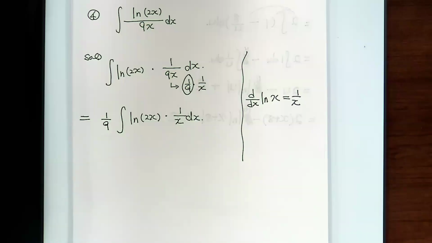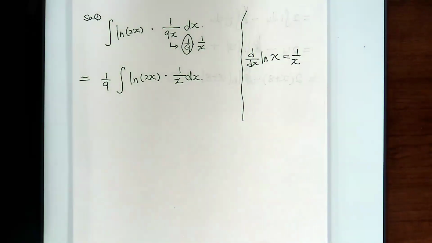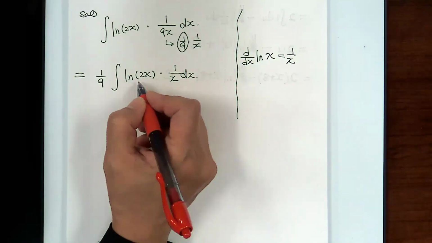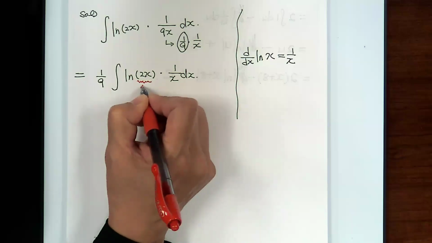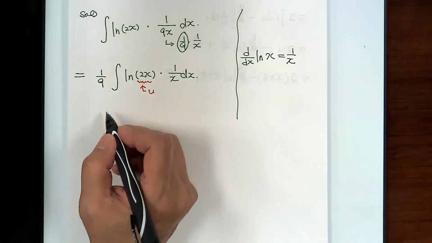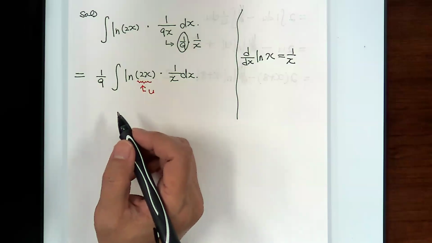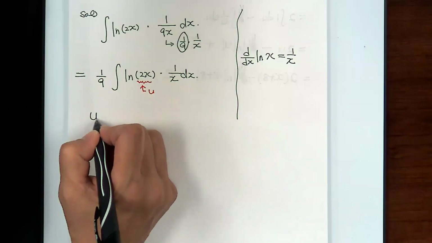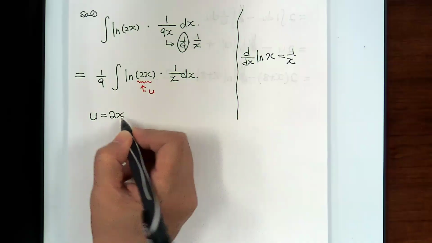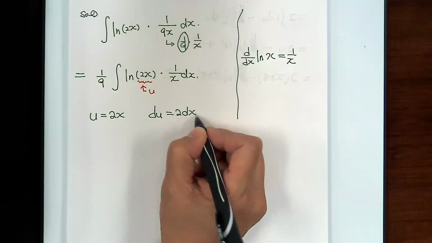So what we have to do here is put 2x as u, because the formula is about natural log of x, not 2x. So u equals 2x, then du equals 2 dx.